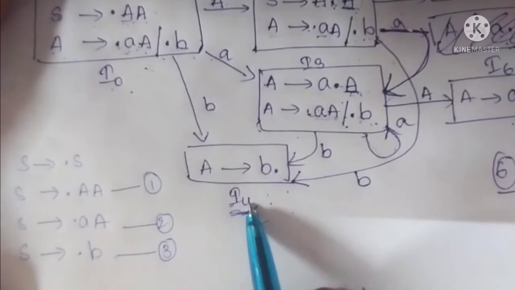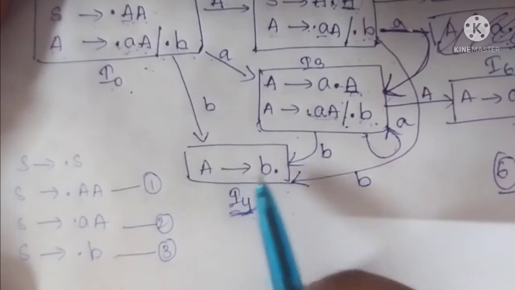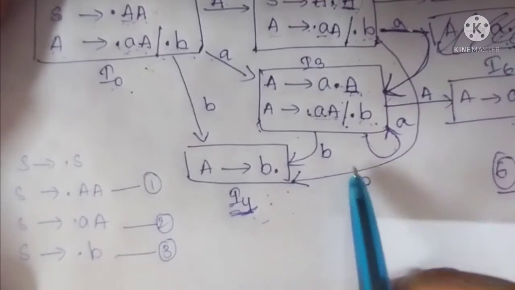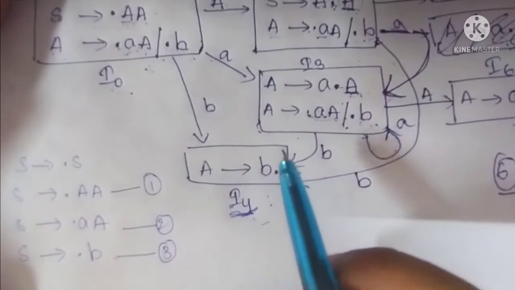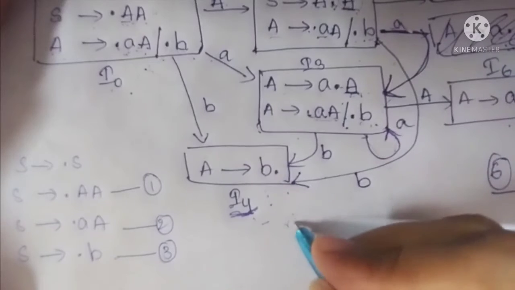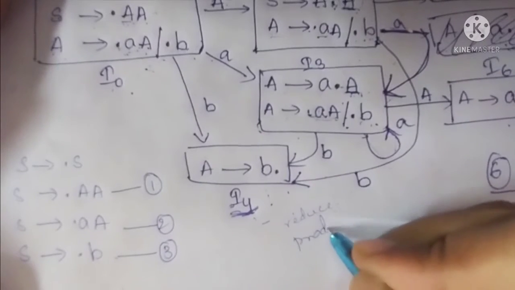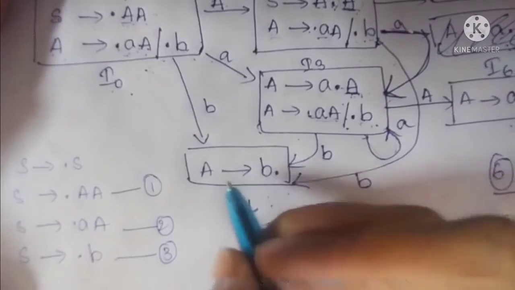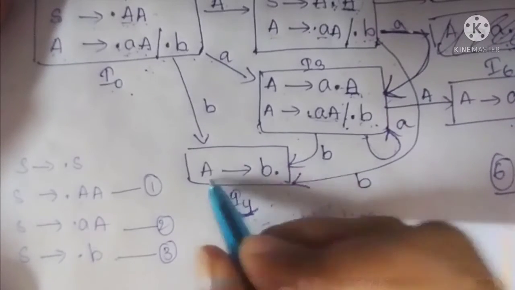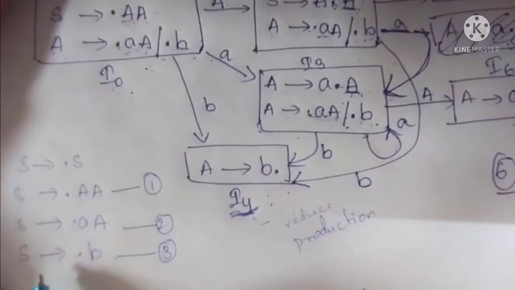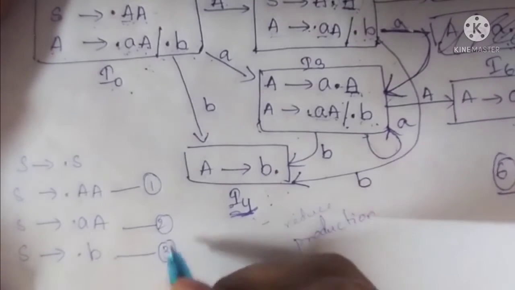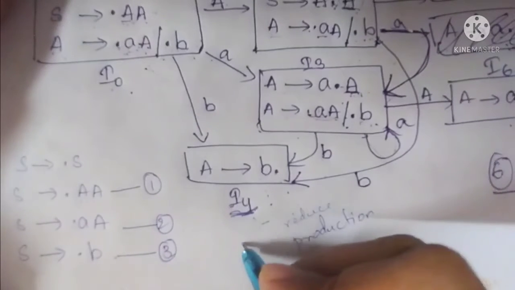Why? Because here we can't shift the position, because this is a final state. So in this situation we have to reduce the productions. See here in I4, A tends to B. What is its number in the productions? A tends to B is numbered as 3. So reduce R3.